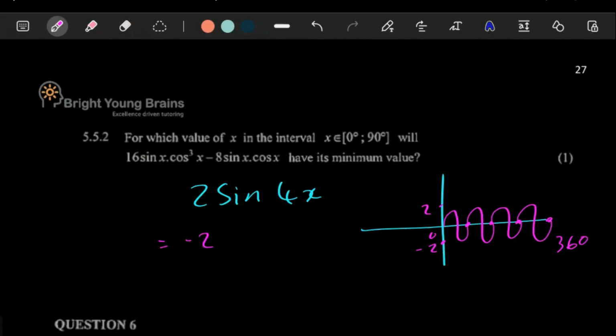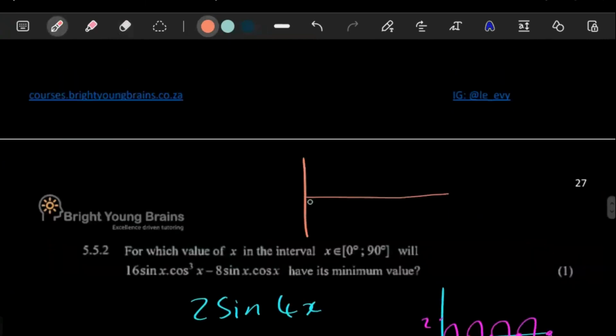Now remember a standard sine graph would have had its lowest point at 270.